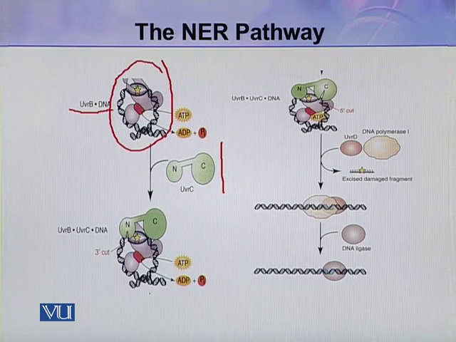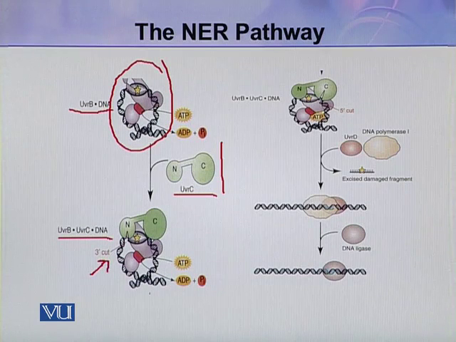It combines with this UVRB DNA complex, and a UVRB UVRC DNA complex is formed. So this UVRC introduces two nicks. The first nick here is the 3' cut, and the second nick is here, which is the 5' cut. So UVRC introduces two nicks in the strand of DNA which contained the damaged nucleotide.